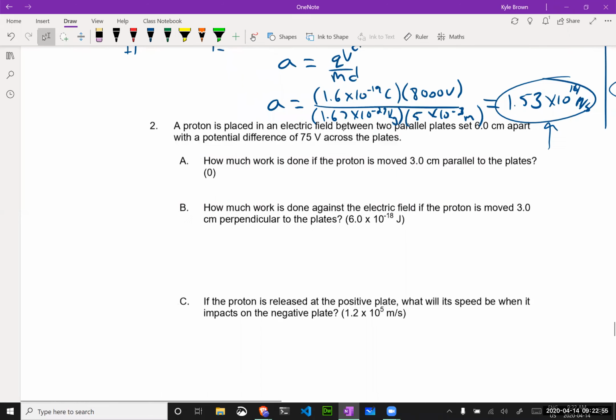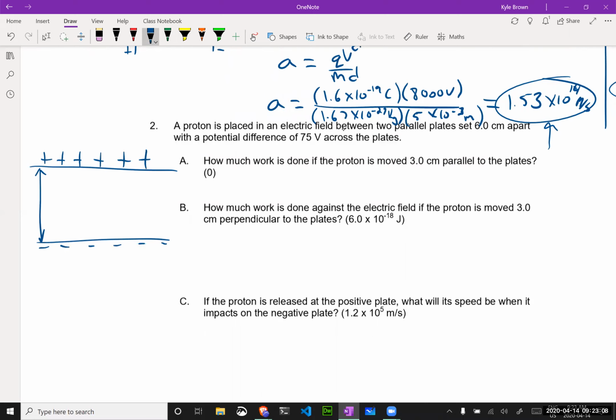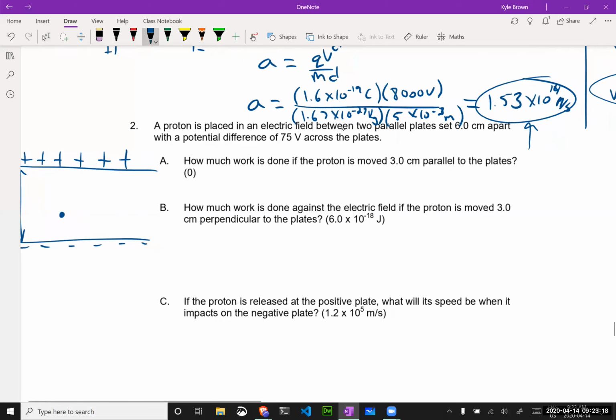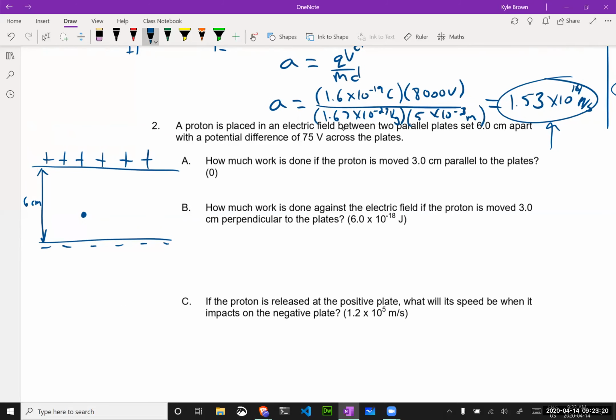So here, just really quickly, if you had these plates set up, let's say those are positive and these are negative, and it says, okay, so this is 6 centimeters apart, and we moved some, what does it say, proton? Yeah, proton. We move that parallel to the plate. So what that means is we're moving it this way, right? So now let's say we moved it over there.